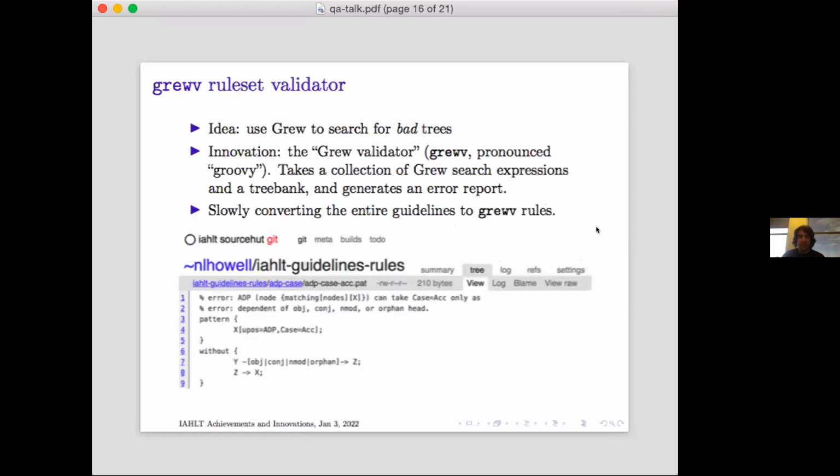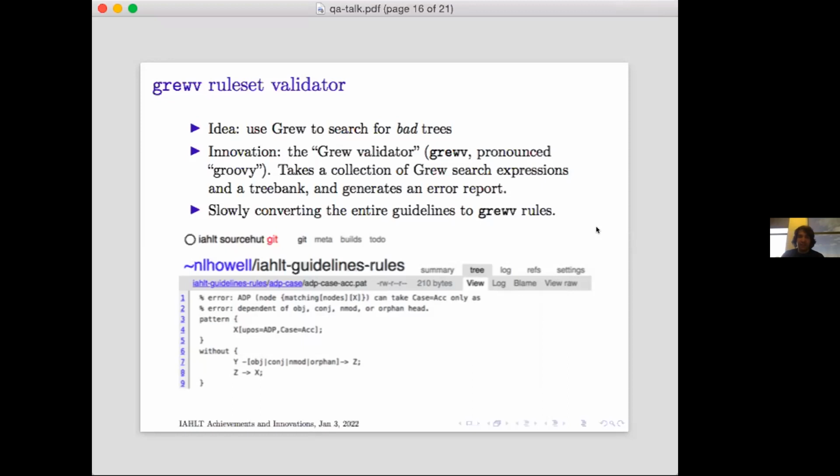The idea that I had was, GREW is a very sophisticated tree searching and transformation mechanism. It has an entire research group dedicated to it in INRIA in France.